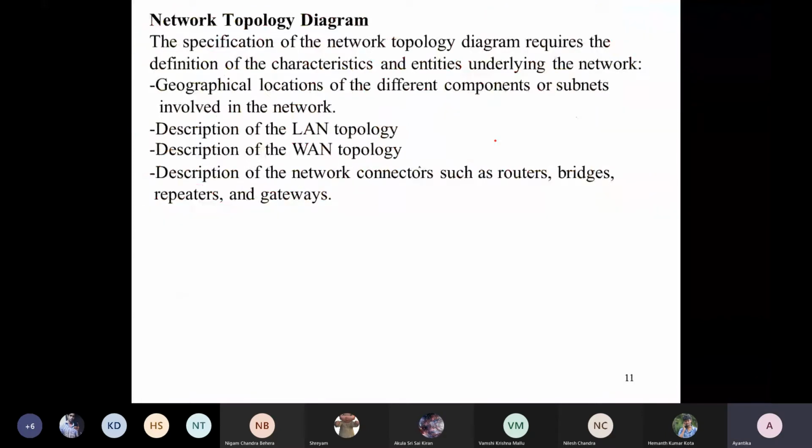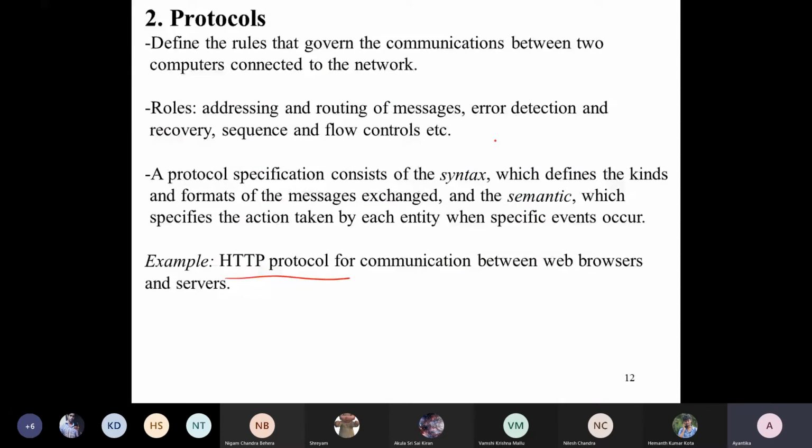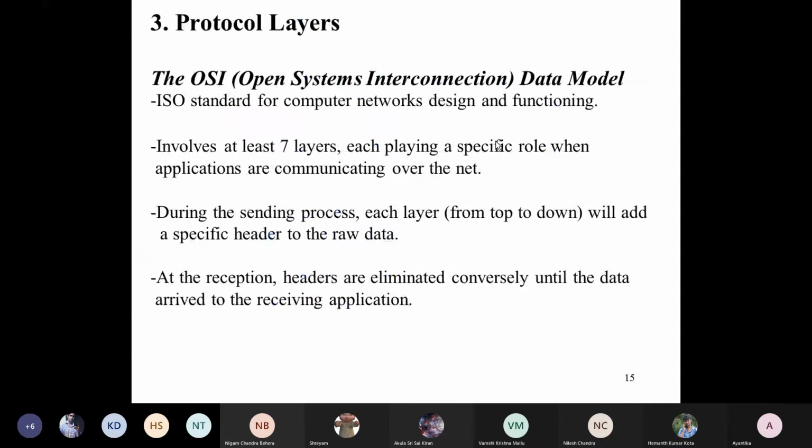But as of now, we understand that protocol means some rules that govern the communication between two nodes of a particular network. Now, when we are talking about communication, in general these protocols are divided into different layers.